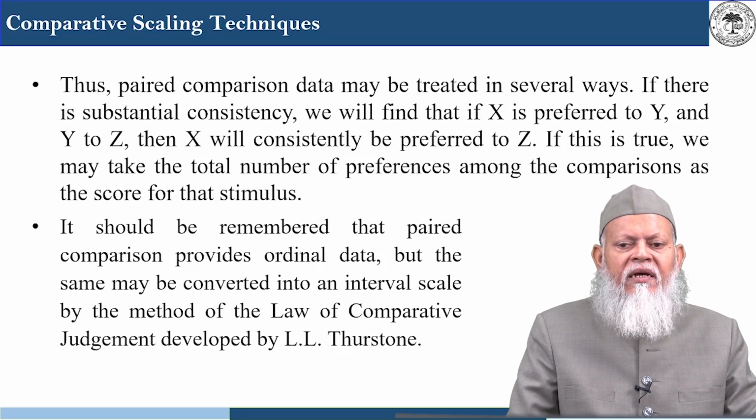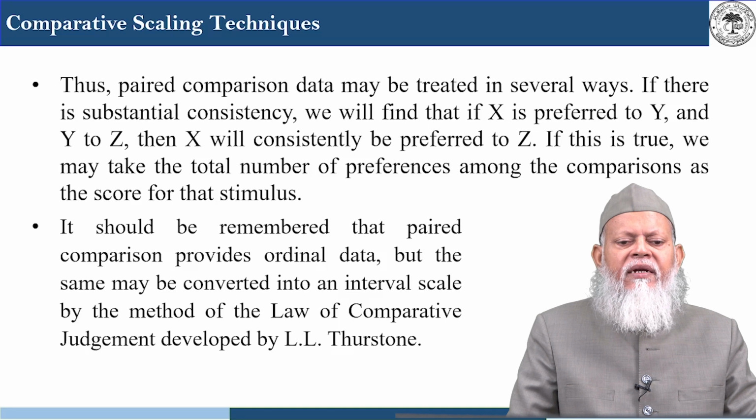That is, if x is preferred to y and y to z, then x would consistently be preferred to z. This has to be true, and if this is true, we may make the total number of preferences among the comparisons the score for that stimulus.